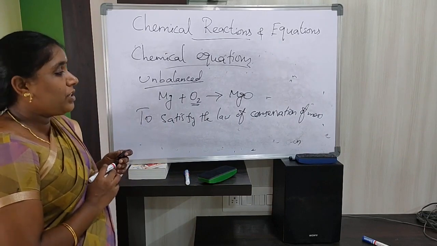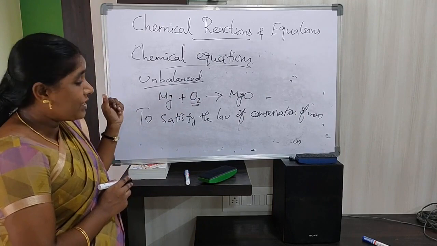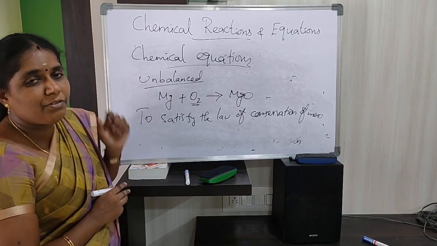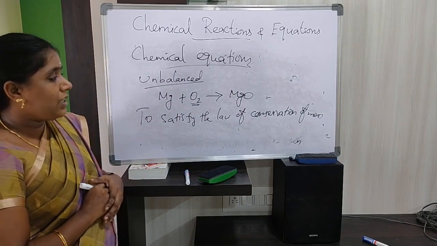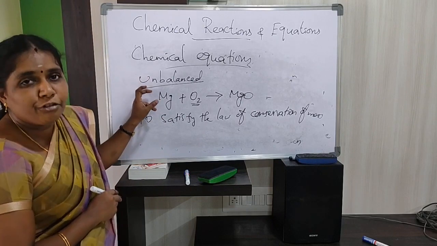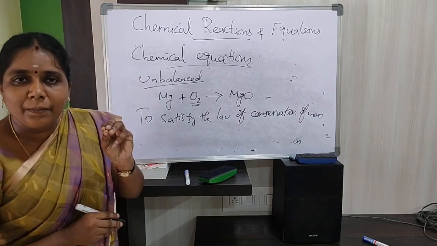In your examination, they may ask one more question with the help of this equation. Why should a magnesium ribbon be cleaned before burning in air? Always, before using the magnesium ribbon, we need to clean it with sandpaper. Do you know why?